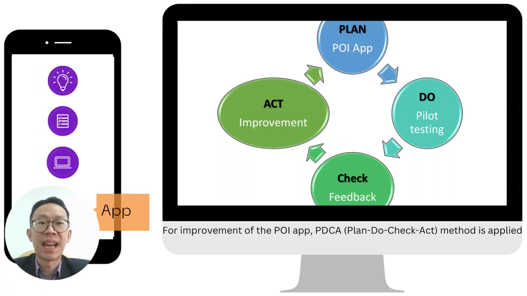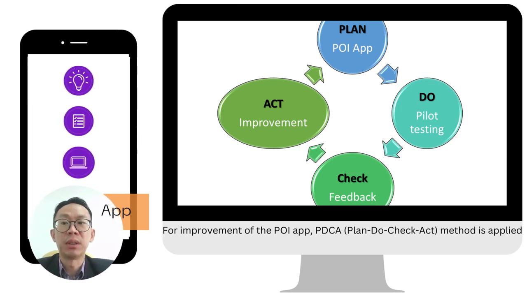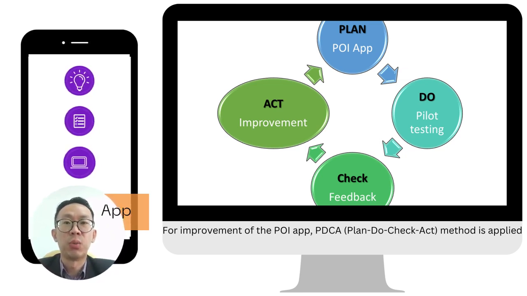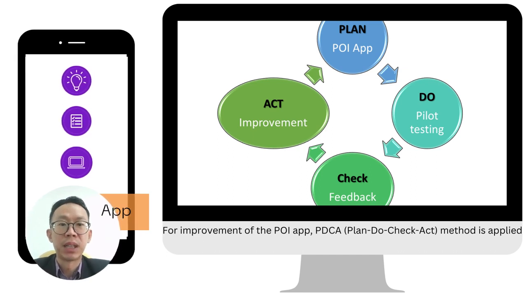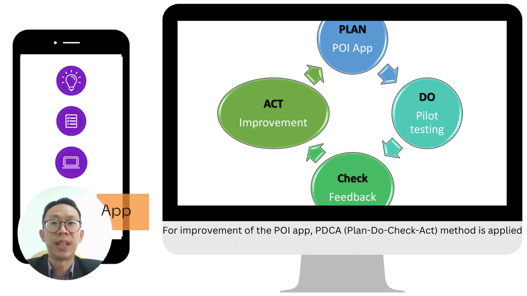Firstly, we plan and gather ideas for which app to develop. Once we determine the app, which in our case is PosCare, we conduct a pilot study on patients who undergo surgical extraction of wisdom teeth using this app. After that, we gather and collect the patient feedback and improve the app.